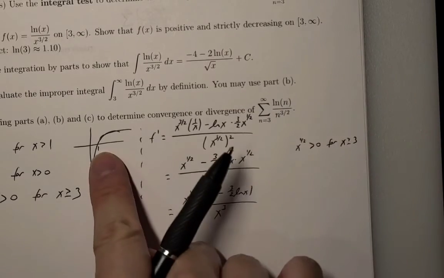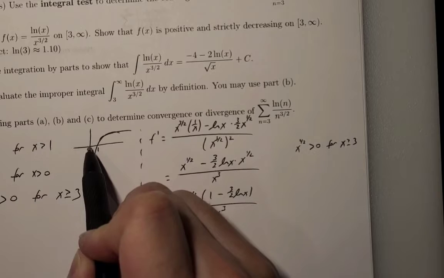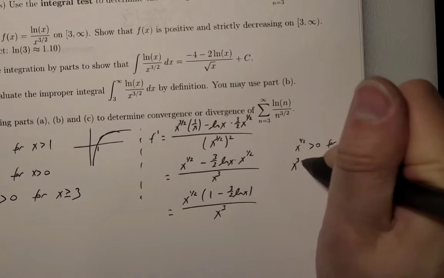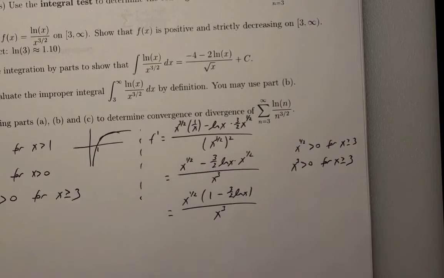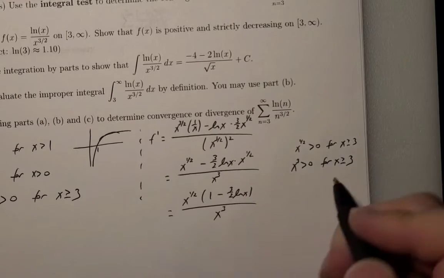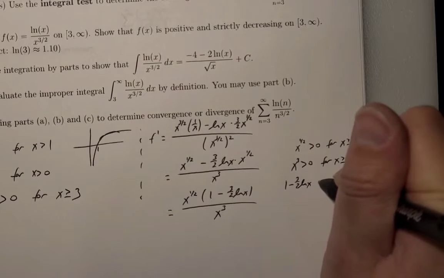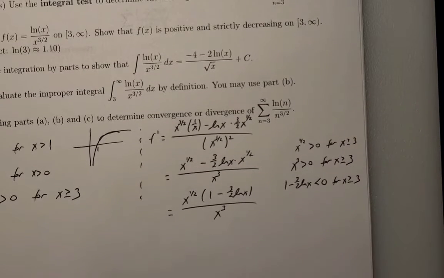It looks very similar to this actually, but it should start at 0 and then go up like that. Okay, we know x cubed is positive for x greater than 3. That's easy. Now the remaining portion is this guy, 1 minus 3 over 2 ln x. This is less than 0 for x greater than or equal to 3.